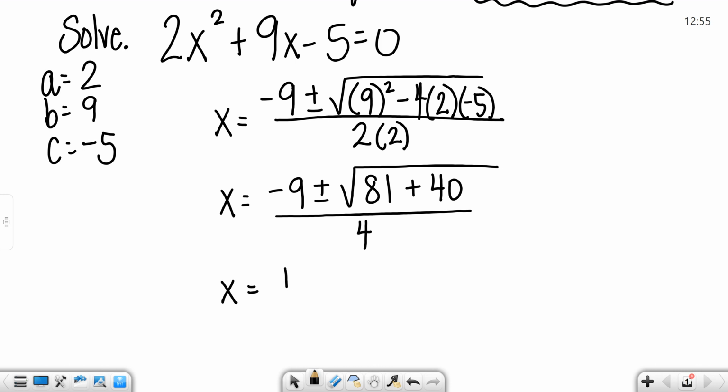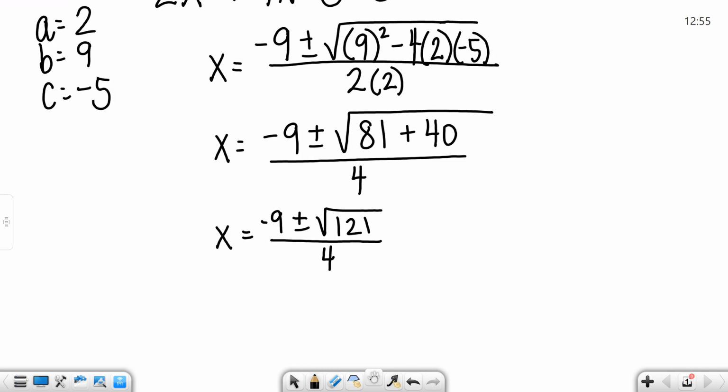So I'm going to keep going under that radical. 81 and 40 is 121. Now I can take the square root of 121. It is 11.